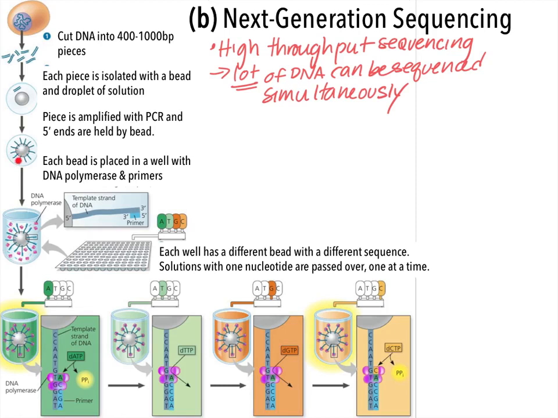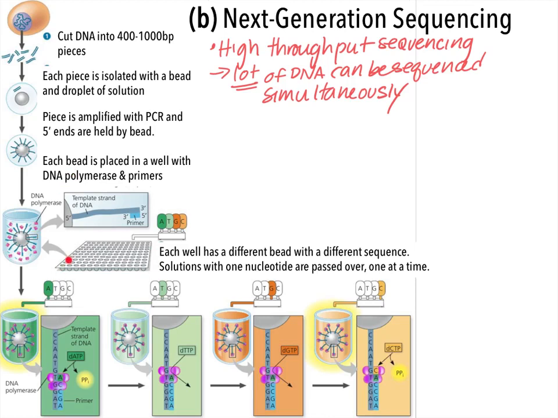And this is going to happen for every single piece of DNA that you want to sequence. Each piece will be in its own droplet with its own bead and the many copies. Each bead is then placed into a well, and like you see here, you can have this plate with multiple wells.